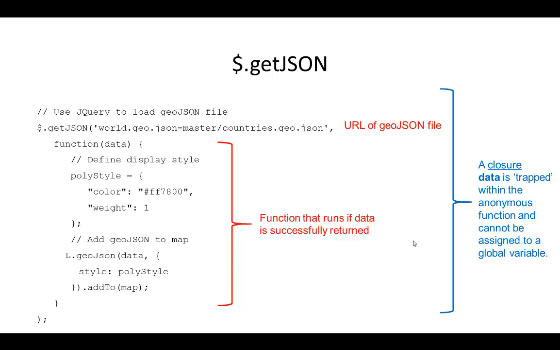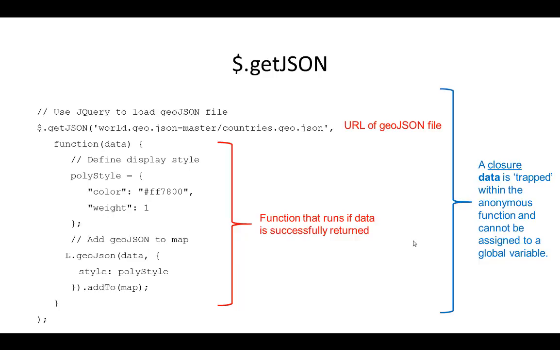It's a security thing. Everything is wrapped up. This getJSON method wraps everything up tightly, which means you can't get this data out of here. You have to do everything that you want with that data within the closure.